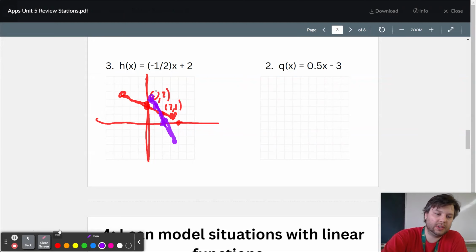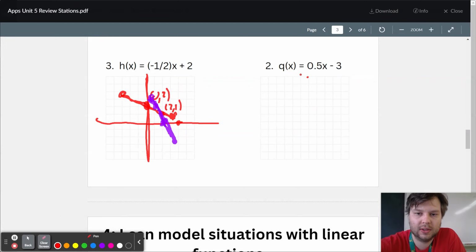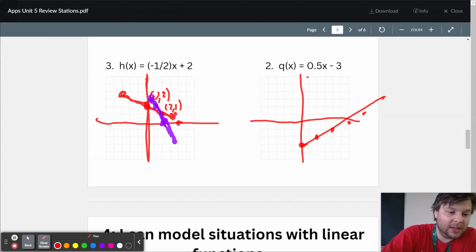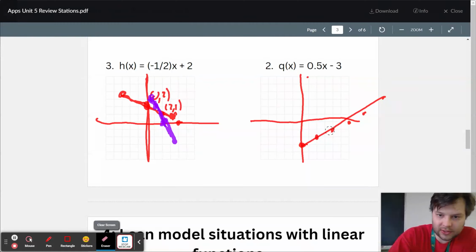And the last one's real similar. At this point, you've seen it several times. Here is 0.5x minus 3. Start down here, go up 1 over 2, because that's what 0.5 is. This one's not going to fit on there, so I'm just going to... Oh, I messed up. I want to only go between x equals 3 and negative 3. So I can scrub that.